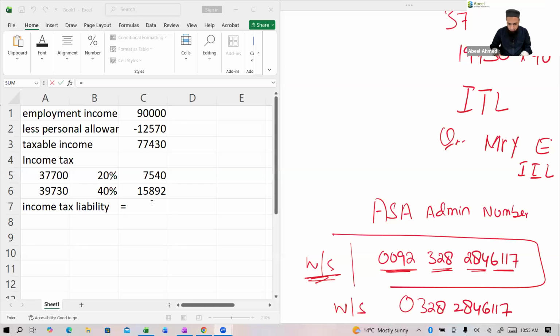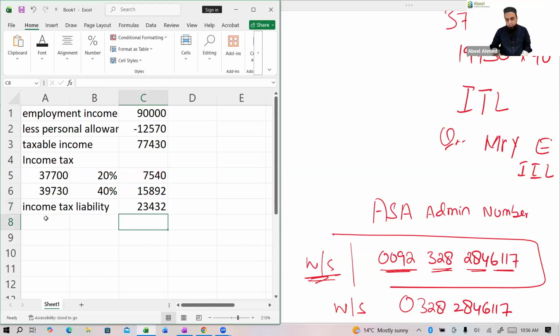Here comes the income tax liability total amount. Income tax liability is 23,432. Okay. So students, till here we have discussed only one source of income, just non-saving income.